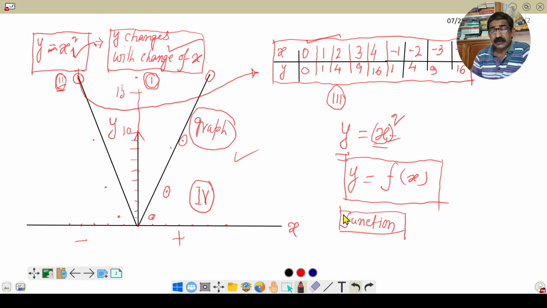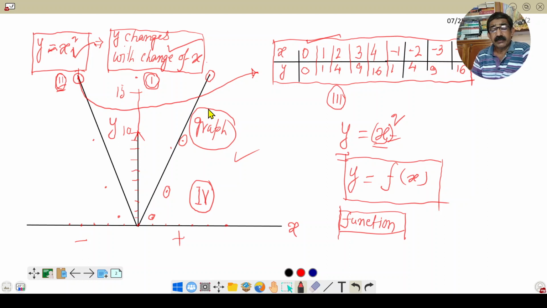But that is not my aim to give you mathematical definition or mathematical idea. I am just mentioning here what is a function, what is the graph, and what is the utility of graph to study physics.